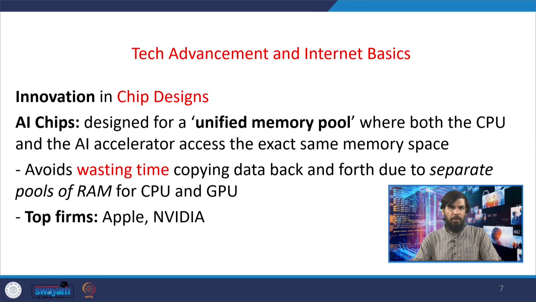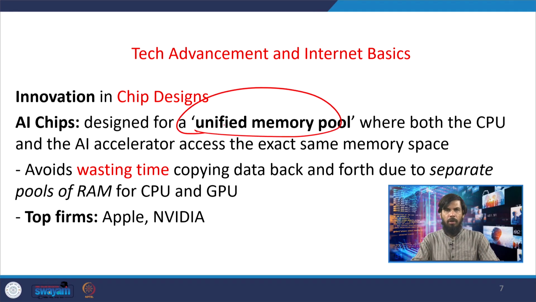Then another design feature that we see in AI chips is that they are designed for a unified memory pool. In a unified memory pool, both the CPU and the AI accelerator access the exact same memory space.